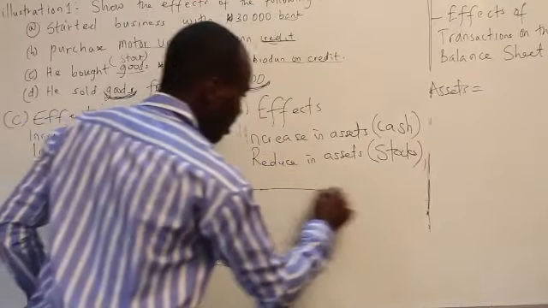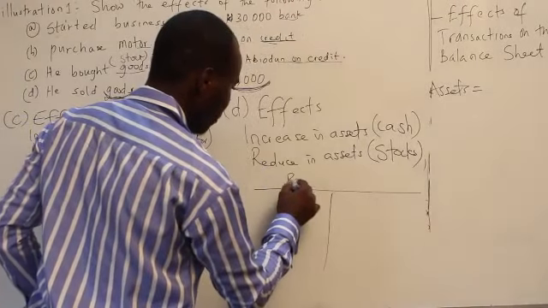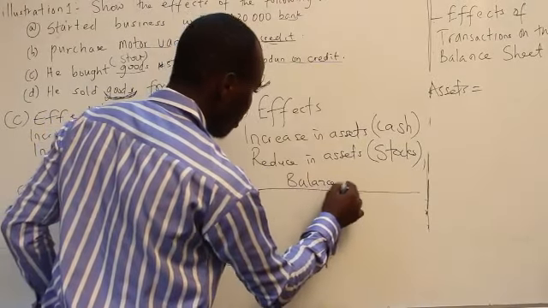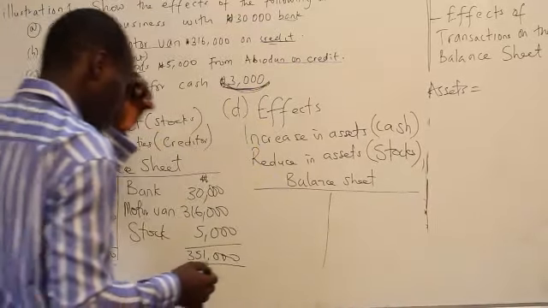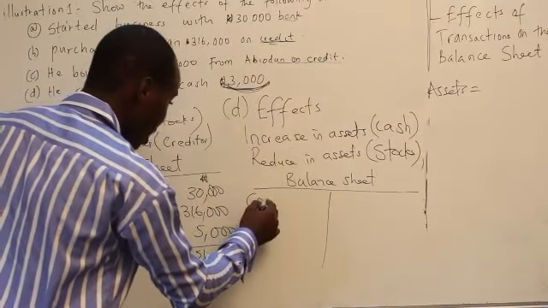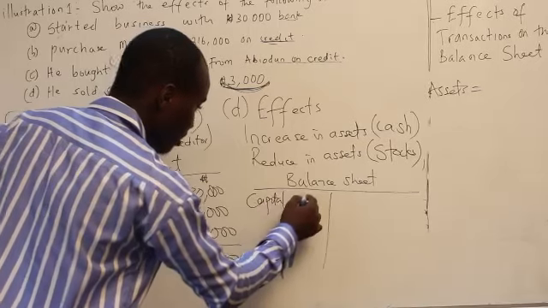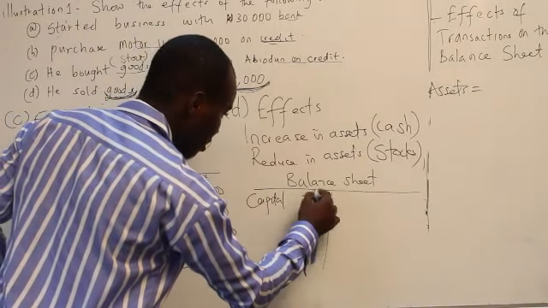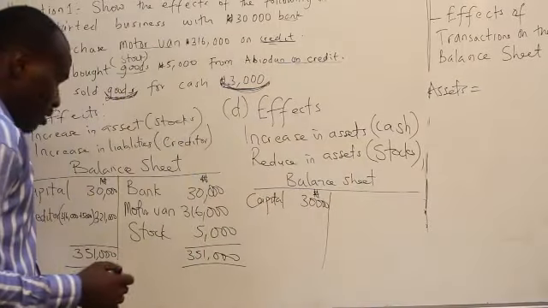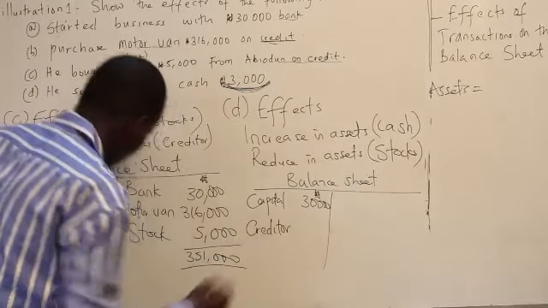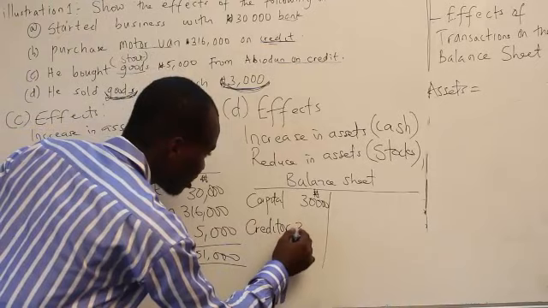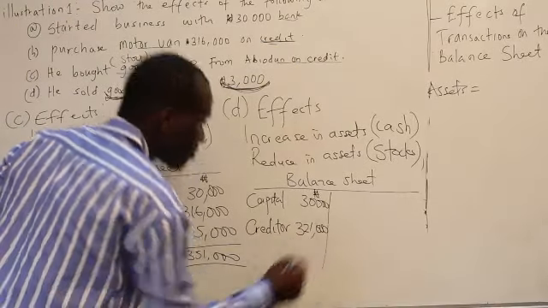So the effect on the balance sheet, we have the balance sheet. Previously, the transaction does not affect the capital, which is 30,000. The transaction doesn't affect the creditor, which is 321,000.